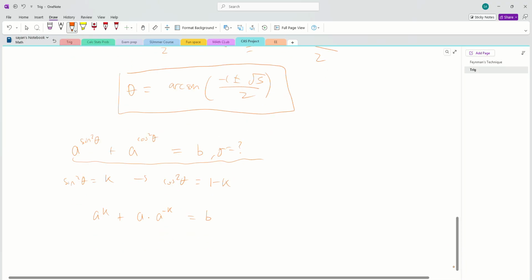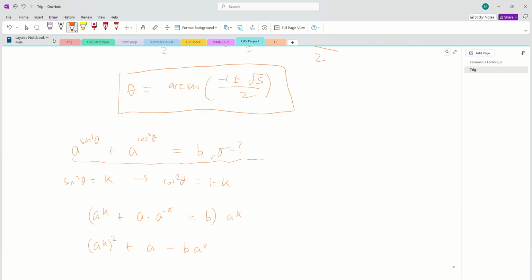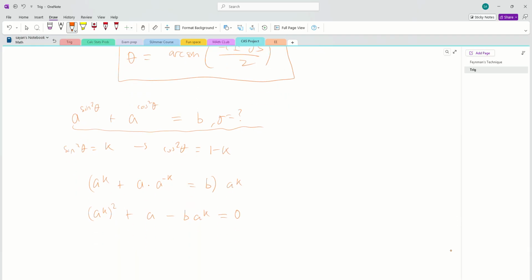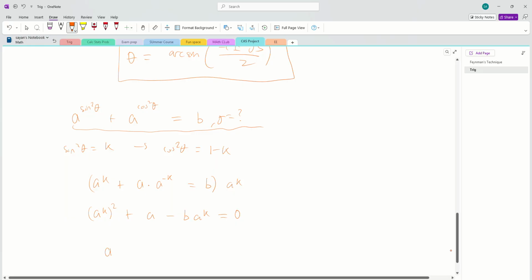So what I'm going to do is multiply everything by a to the k. So we'll have a to the k, squared, plus a minus b times a to the k is equal to 0. Right, now this is just a quadratic in terms of a to the k.